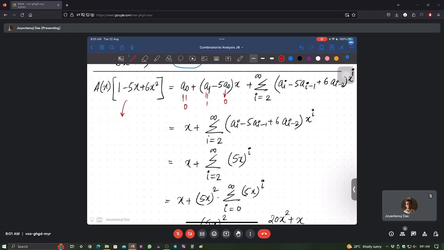Let me write it down, that will be easier. So I have 6x square minus 5x plus 1. So we can take 6 common, right? Because we are familiar with monic polynomials, that helps us.